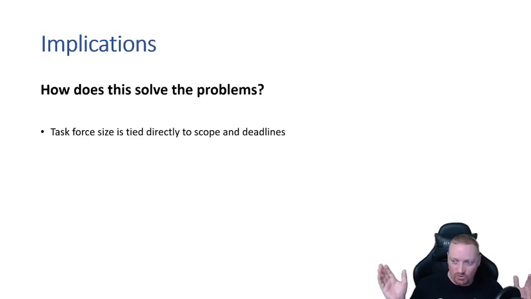That just isn't going to work. You've got to be very narrowly focused and scoped. But this allows us to tie our resources, our people, the task force size, to how urgently we need this thing done and how much of the work is necessary in order to get it done before that deadline.